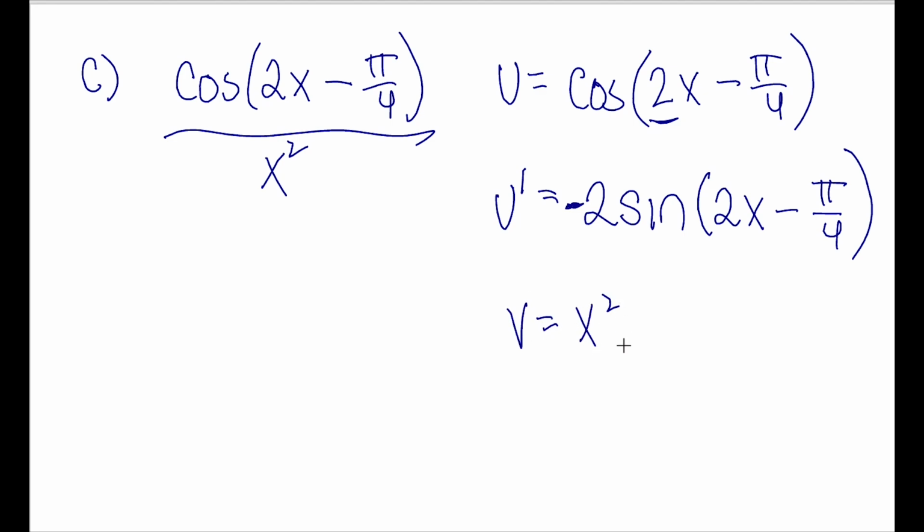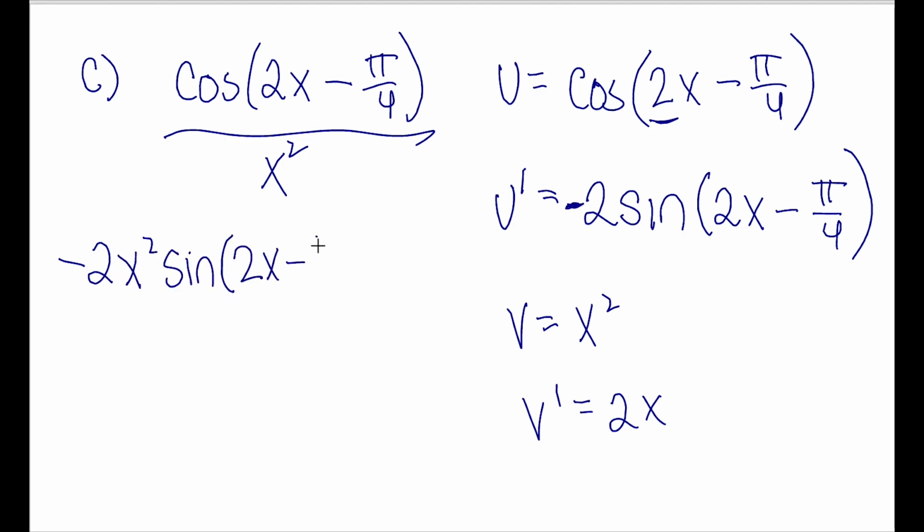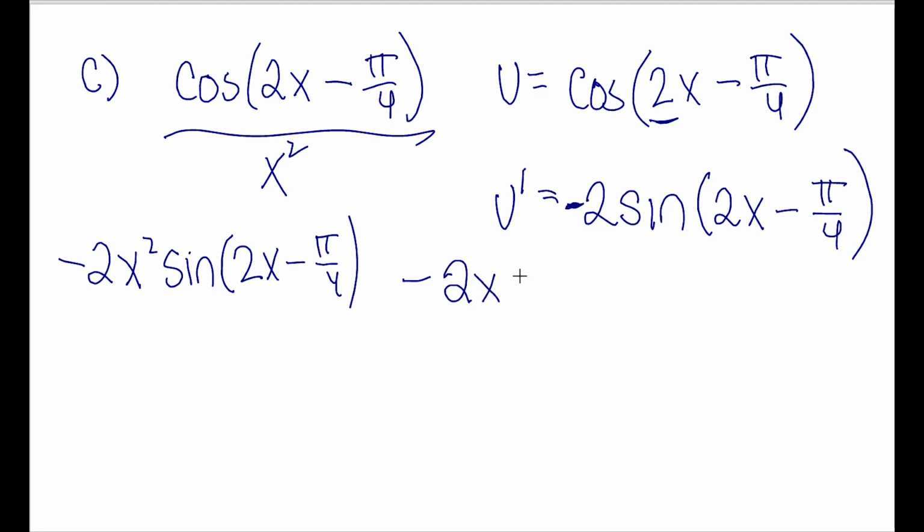V is x squared, so v prime is 2x. Remember to do v times u prime first. So negative 2x squared sine of 2x minus pi over 4, and then we subtract v prime times u, minus 2x times the cosine of 2x minus pi over 4.